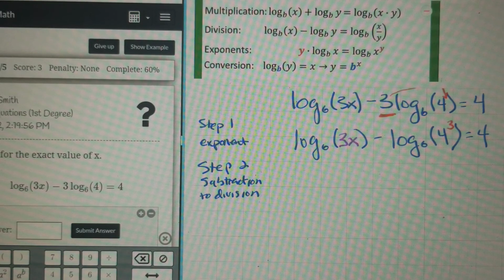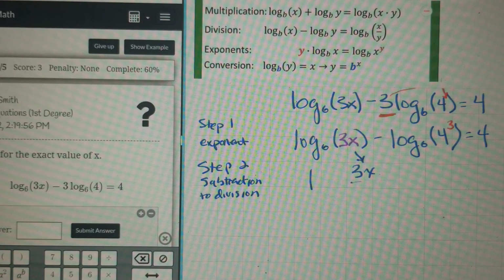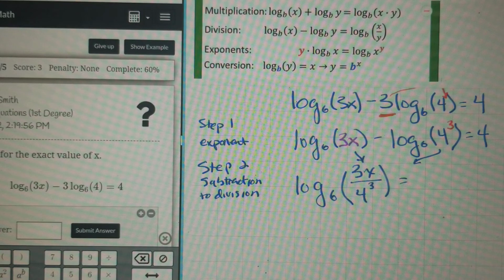When we rewrite this, all we do is put the 3x in the numerator. So we have 3x, that goes in the numerator, and then we take this 4 to the 3rd, and that goes in the denominator. Then we put brackets around it, and we call that log 6. And we can't forget about our 4 over here. So that was step 2.